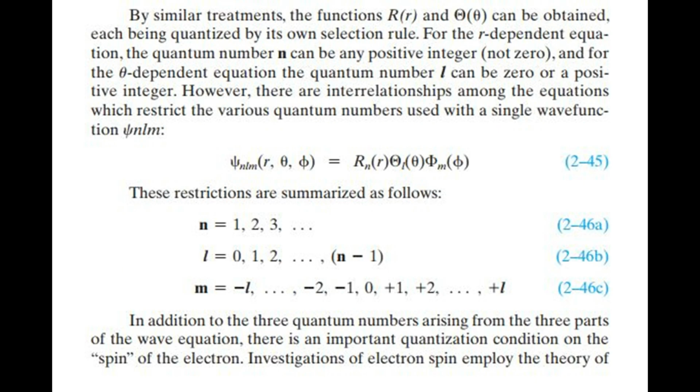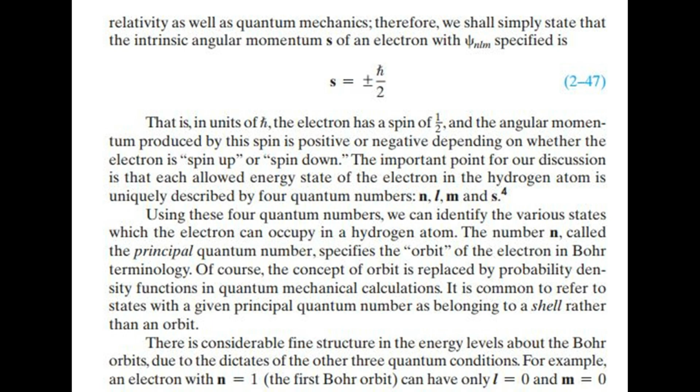In addition to the three quantum numbers arising from the three parts of the wave equation, there is an important quantization condition on the spin of the electron. Investigations of electron spin employ the theory of relativity as well as quantum mechanics. Therefore, we shall simply state that the intrinsic angular momentum s of an electron is specified as follows.